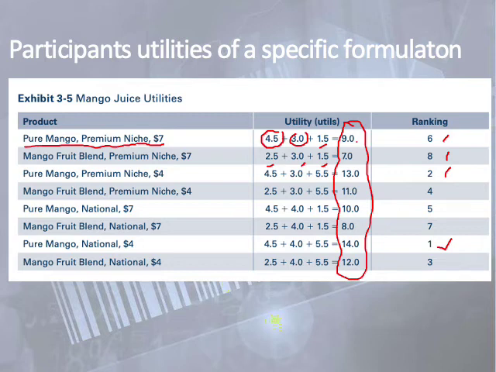Second, the pure mango premium niche offered at $4 again, and then third, the mango fruit blend at national brand offered at $4, and the mango fruit blend premium niche offered at $4, and so on. So you get the ranking of which specific formulation has the most value given by your consumer.